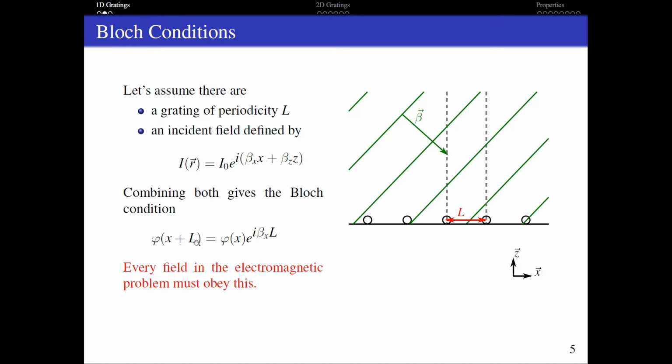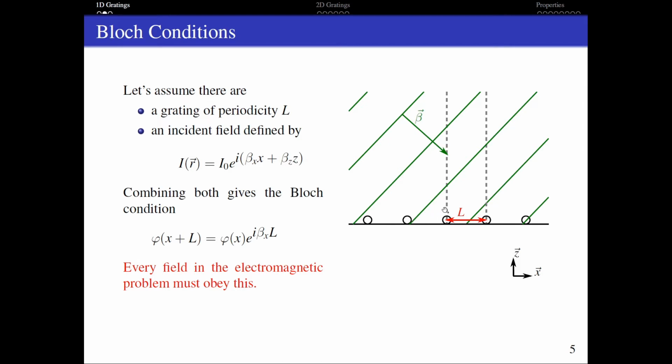That is, the value of the field at x plus L is equal to the value of this field at x, but shifted by a phase term that combines the parallel component of the k vector and this distance L. Our assumption here is that every field in the problem has to obey this Bloch condition, because it only makes sense that what happens at one point here is exactly the same as what happens over there, and so on.